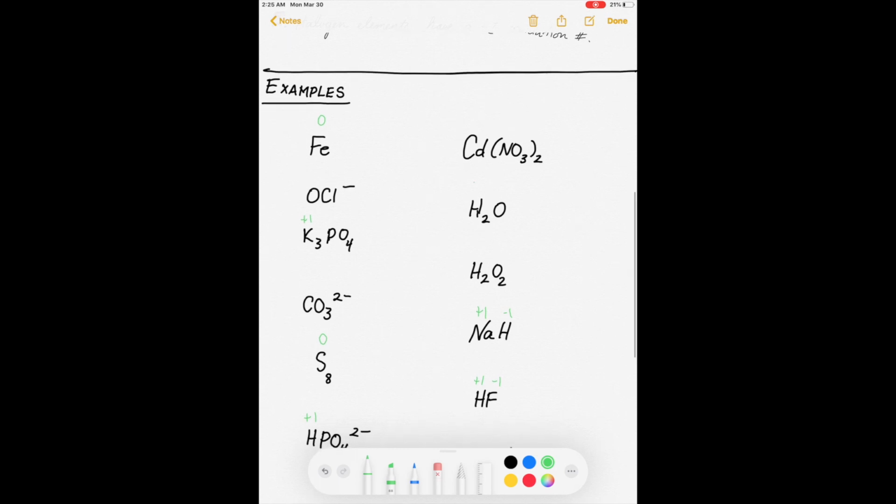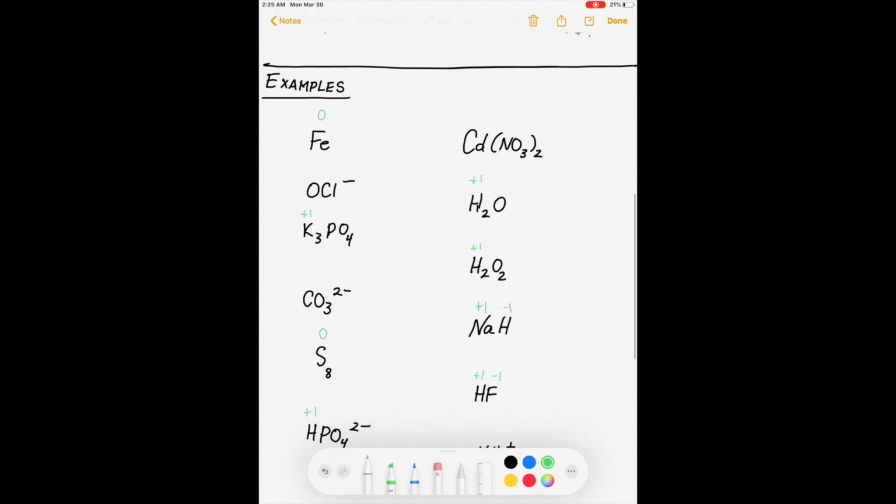Notice in both of these examples we have +1 here and +1 here, so we can assign those easily enough. And because there's only one other element, we can go ahead and figure out what the oxidation number here is. Notice again, water's neutral, so I'm going to take +1. I can do some of the algebra off in my notes over here.